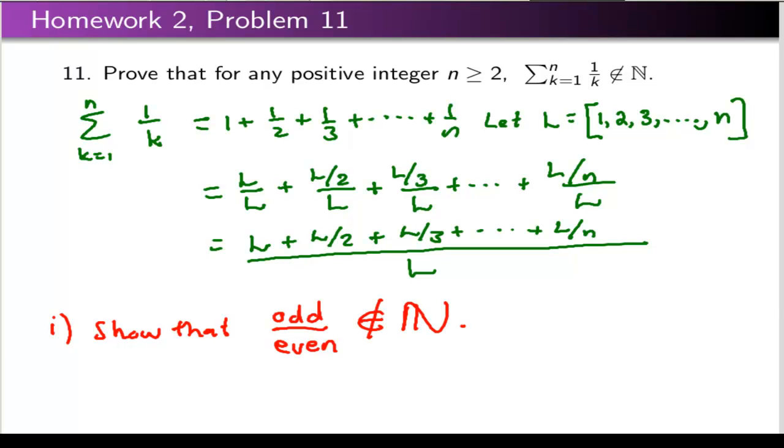And I claim that what we're looking at here is of this form, an odd over an even. So you want to think about why an odd over an even is never a natural number. And then the second thing you need to think about is why the numerator is odd.